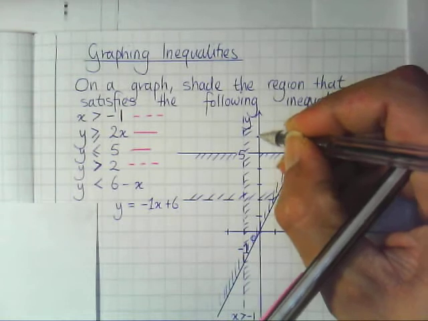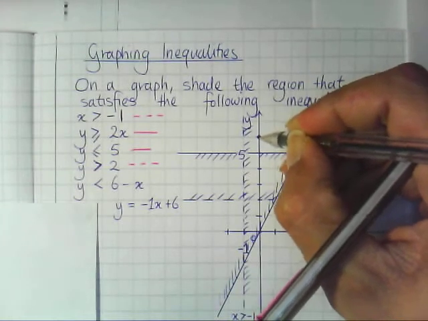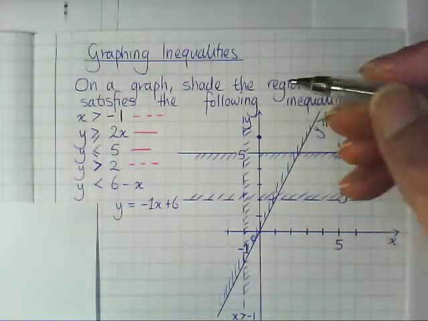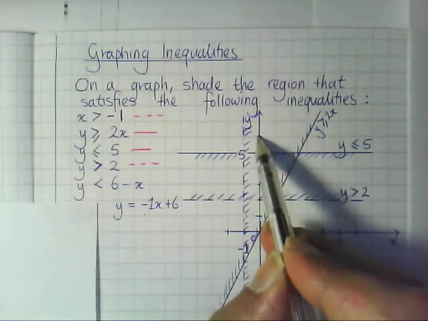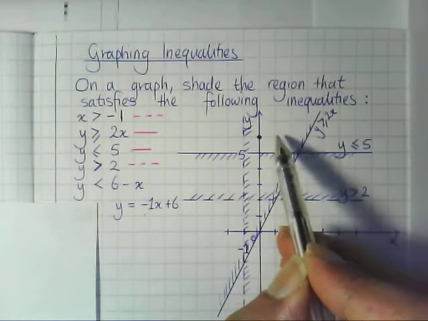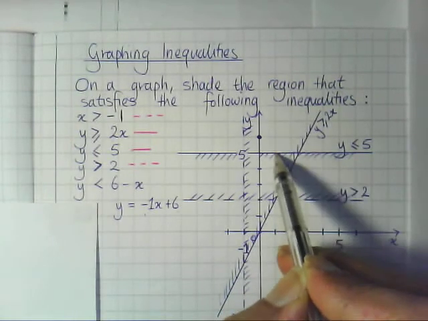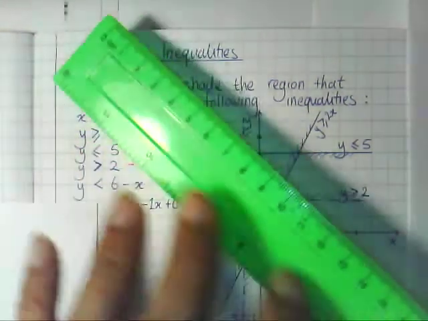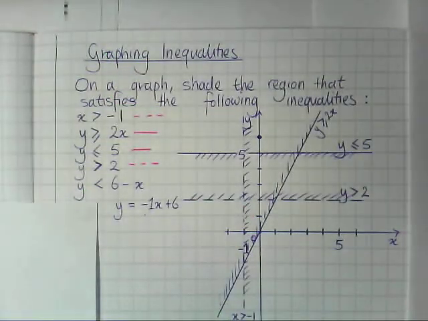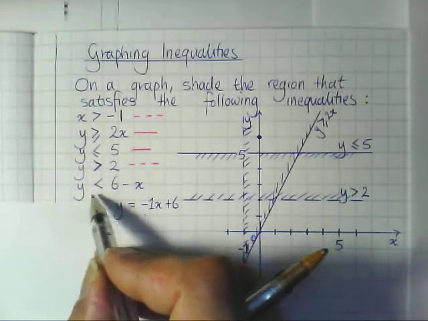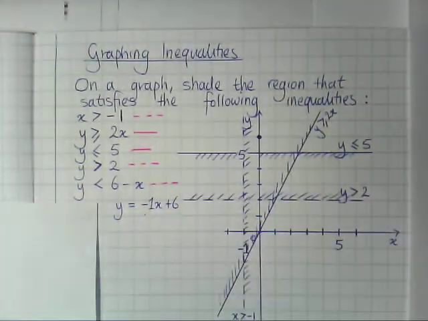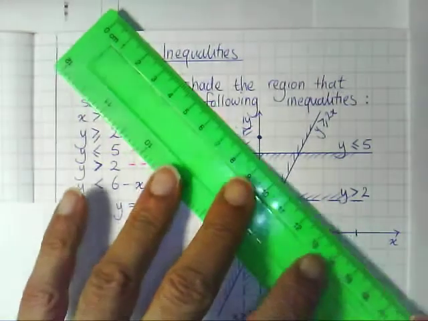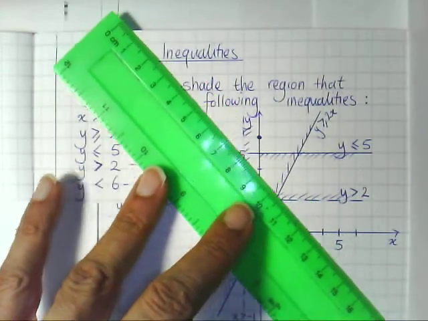So we know it's going to cut the y-axis at 6. And because its m value is -1, for every 1 we go across, we're going to go down or drop by 1. So it's less than, but there's no equal sign there, so we know this is going to be a dashed line. So we draw it like thus.